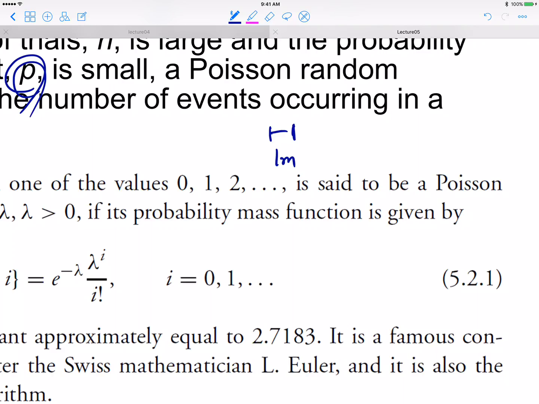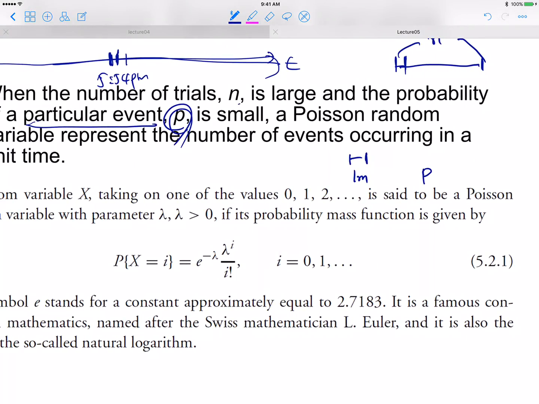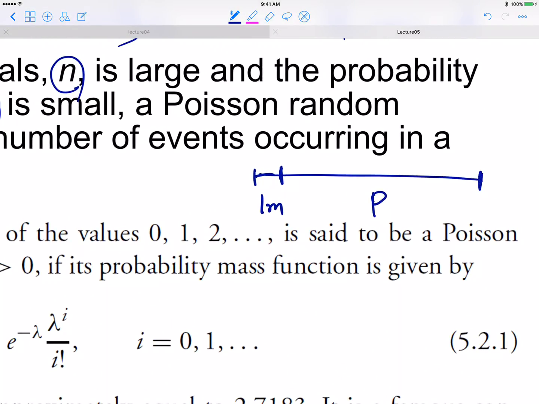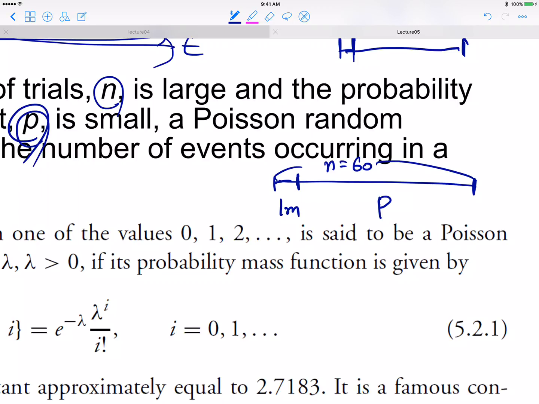That number is called p. Then we consider n trials, which means we consider maybe an hour, where n is 60. One time unit is 1 minute, and we consider 60 of them. And then what will be the average number of people visiting within 60 minutes? It will be n times p.